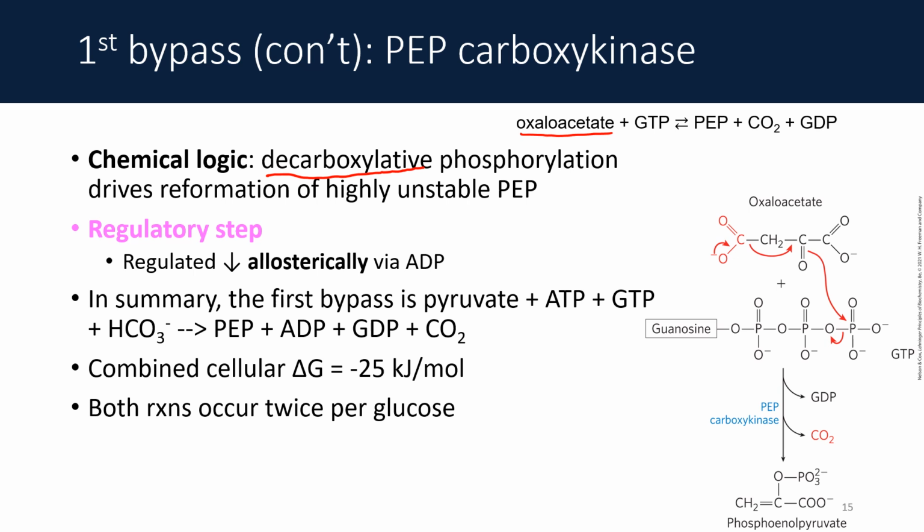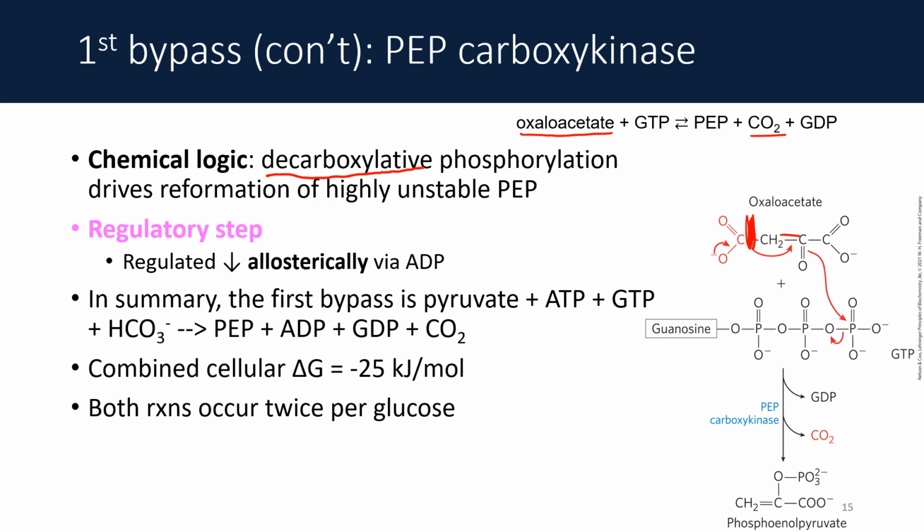And what gives? Why are we driving off the CO2 unit that we just put on? Didn't we just invest an ATP, a precious ATP, into making our oxaloacetate? Well, we're doing that because when we break off the CO2 unit that we just installed, that is going to let us move these electrons over and form a double bond over there.